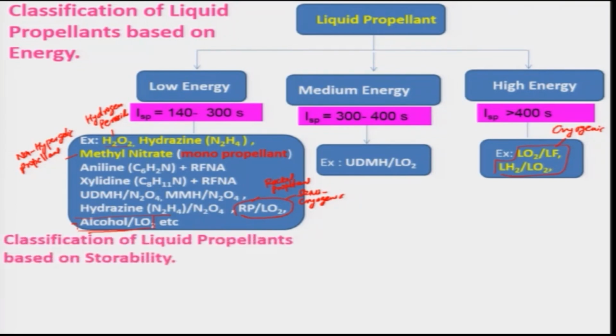We can also classify liquid propellant based on the storability. It is very important that we store the propellant for a longer period without undergoing any chemical or thermal changes.